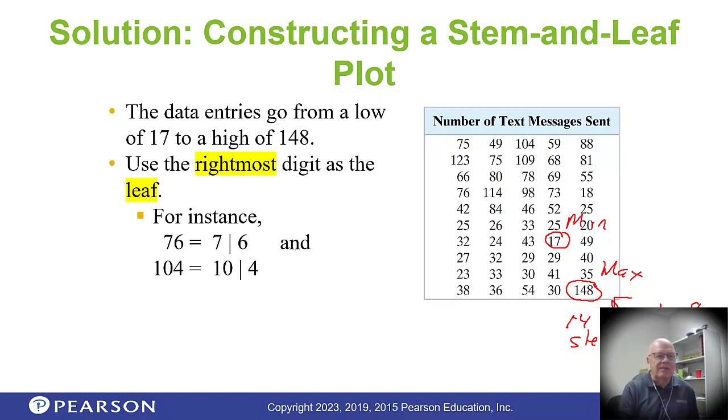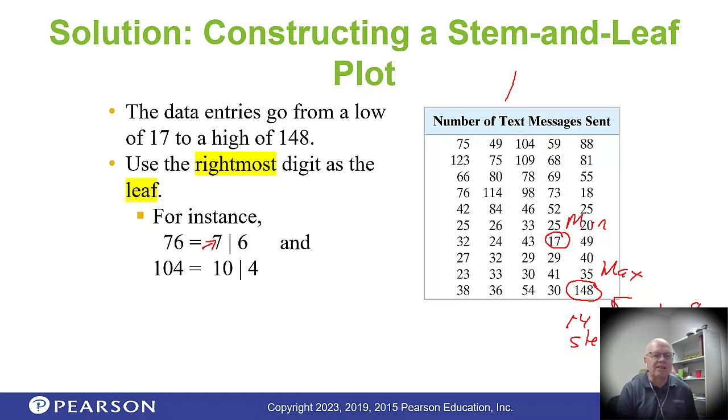So for example, the 76. There we go. 7, it's a tens digit. There's a stem, and the 6 is the units digit, which is what we usually use for the leaf, and that gives us our 7-6.